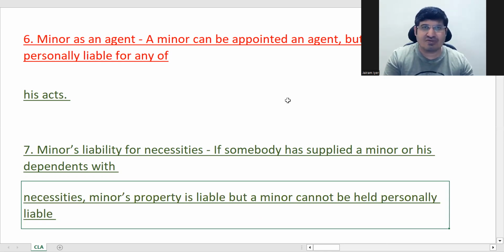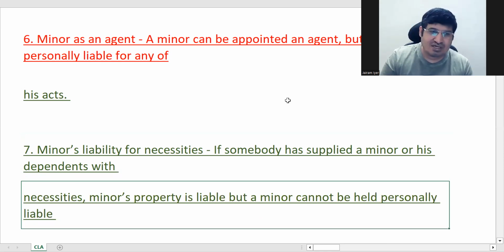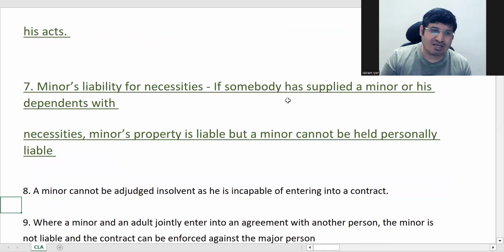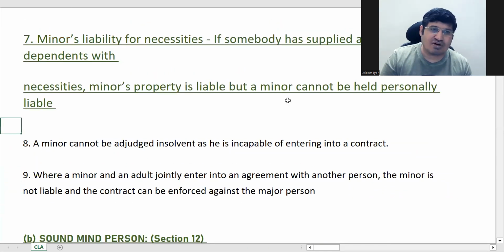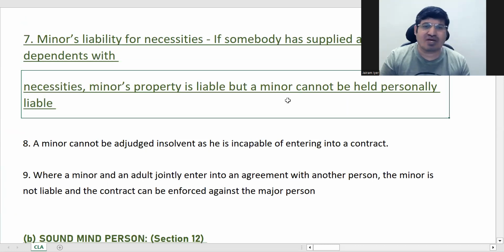If the minor has the means of paying the amount, then he has to pay for anything which is his necessities. If someone is giving it to him, he has to pay. Minor is never personally liable. The difference is, if he's not personally liable, you can never send him to jail for anything.